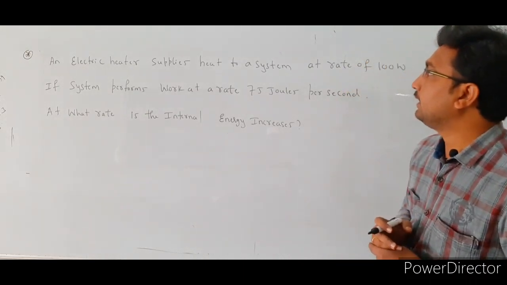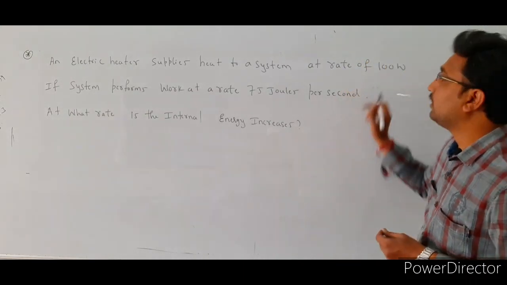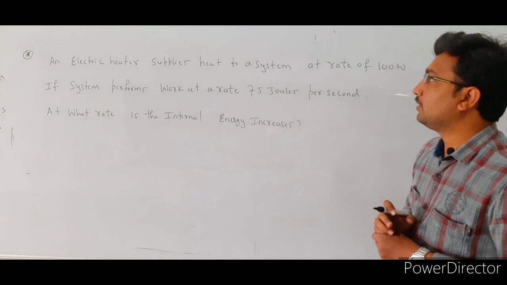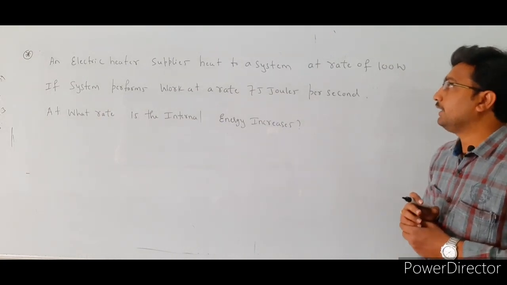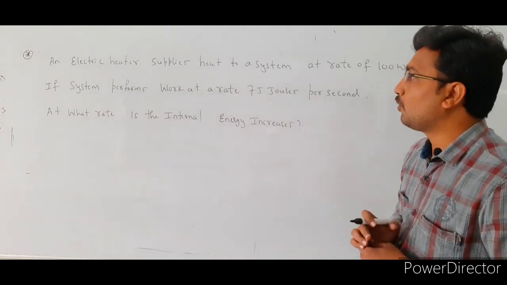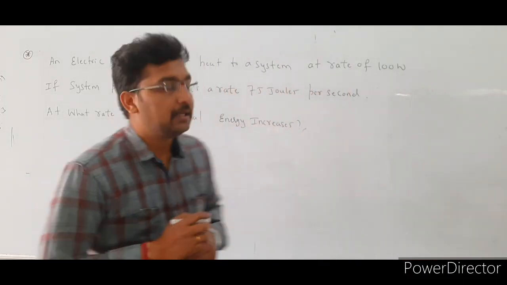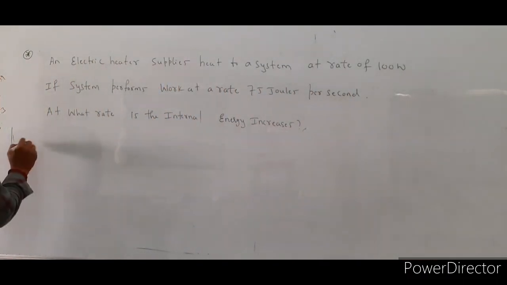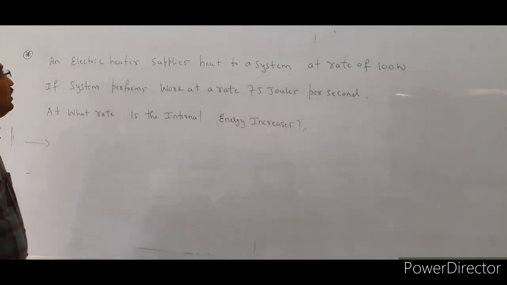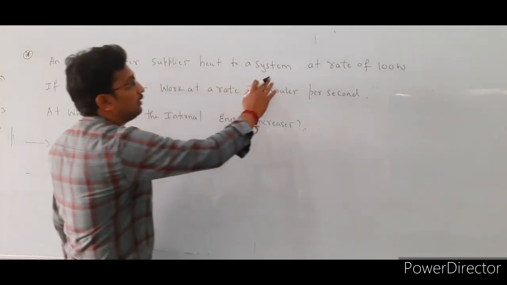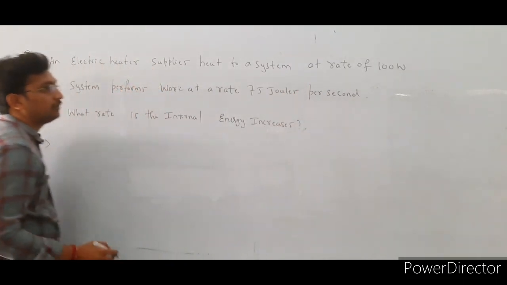See the next problem here. An electrical heater supplies heat to a system at the rate of 100 watt. If the system performs work at a rate of 75 joules per second, at what rate is the internal energy increasing?